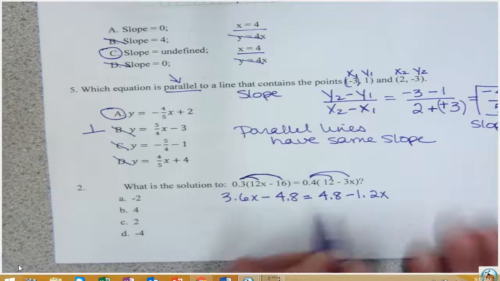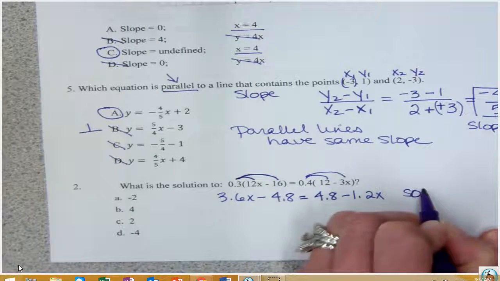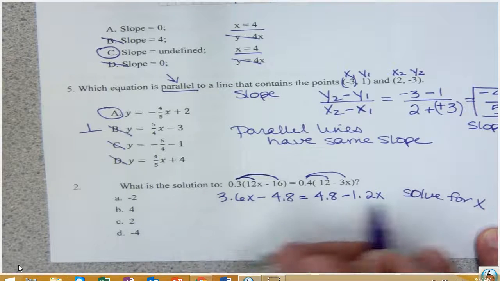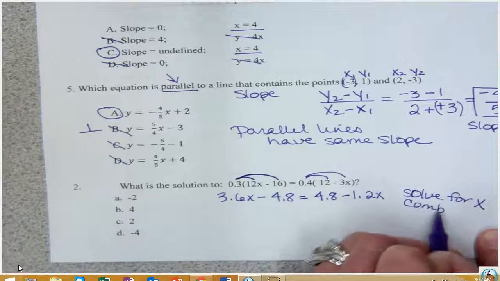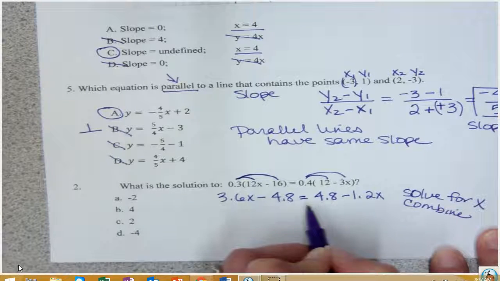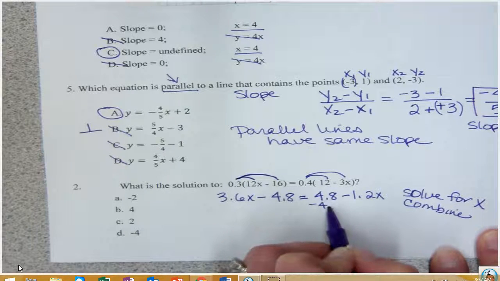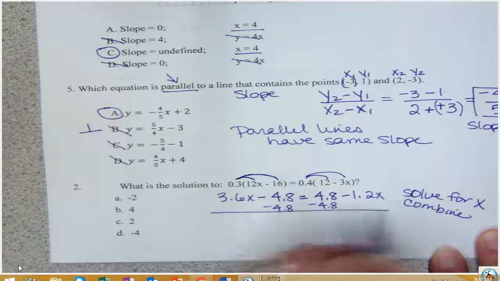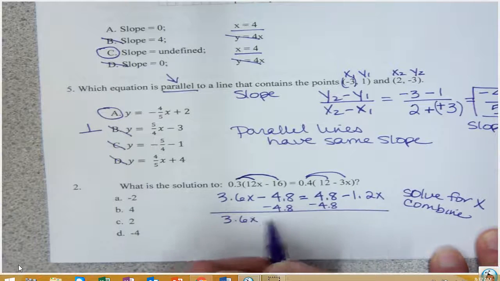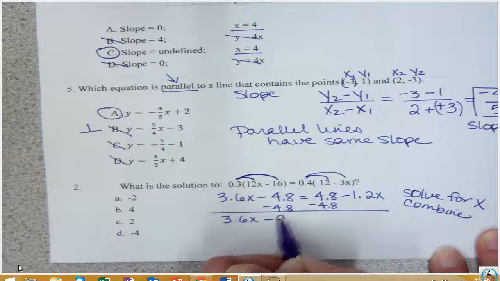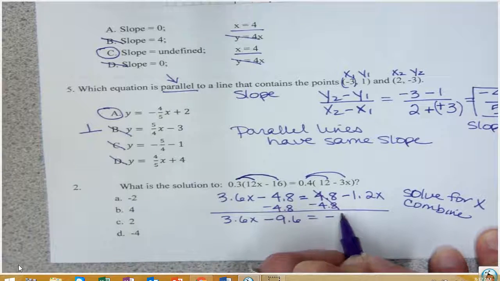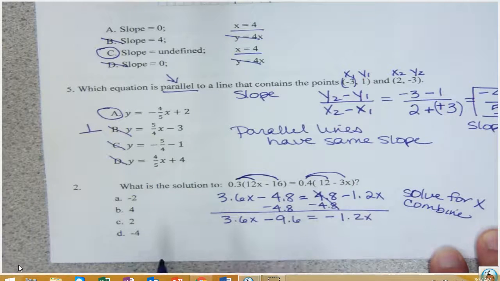Now I'm going to solve for x. So I'm going to combine like terms. And I'm going to subtract 4.8 from both sides, and I get 3.6x minus 9.6 equals, that crosses out, minus 1.2x.